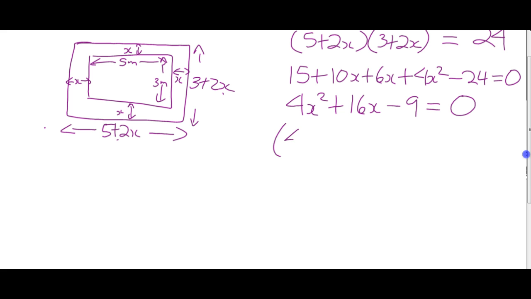I am betting on 2x and 3s. 12, 15. Nope. 2x. Minus 1. 2x minus 1 and x plus 9. 2x. 2x. 4x squared plus 18 minus 2.